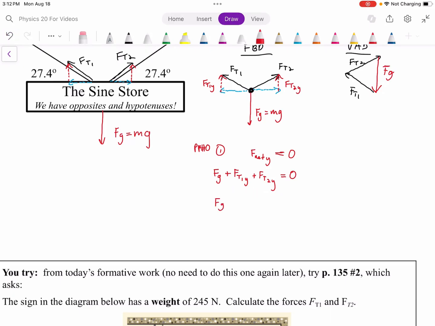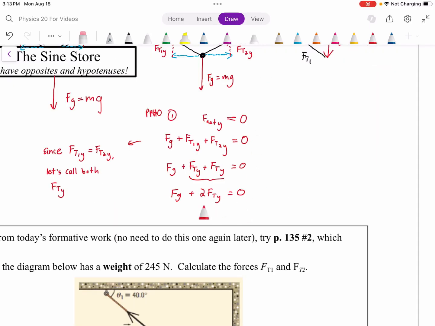Since the y component of the first tension has to be the same as the y component of the second tension, I'm just going to call them F_Ty, right? So we really just have one F_Ty plus another of the same number, okay? Which means we can combine them and just say Fg plus 2 F_Ty has to equal 0. Now again, we basically know this.